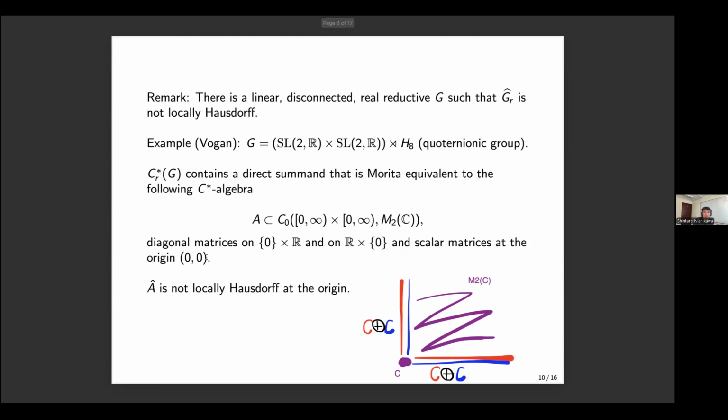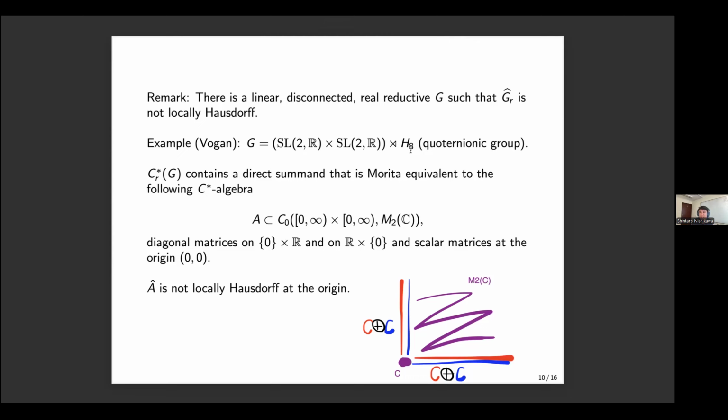There's a linear disconnected real reductive group G such that this G_R hat is not locally Hausdorff. This example is essentially due to Bogan. So G equals SO2R, a very simple example. You take SO2R, and then you consider the 8-element quaternionic group.